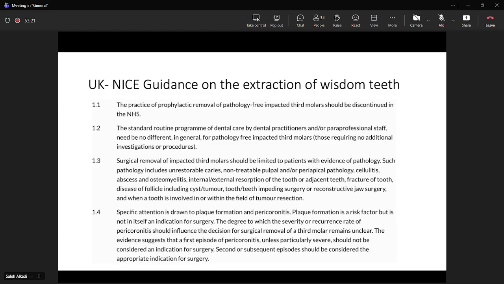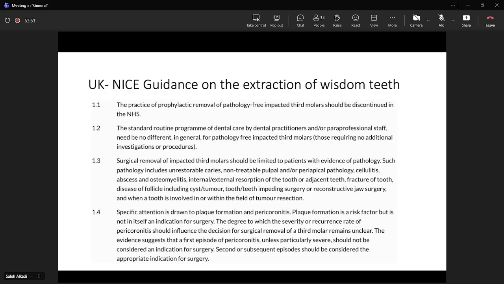Now, the best thing in these cases is to follow a guidance if there is one. Two very common guidances in the wisdom teeth literature are the UK guidelines and the American guidelines. For the UK guidelines, we are talking about the NICE guidance that was published 26 years ago, in 2000.